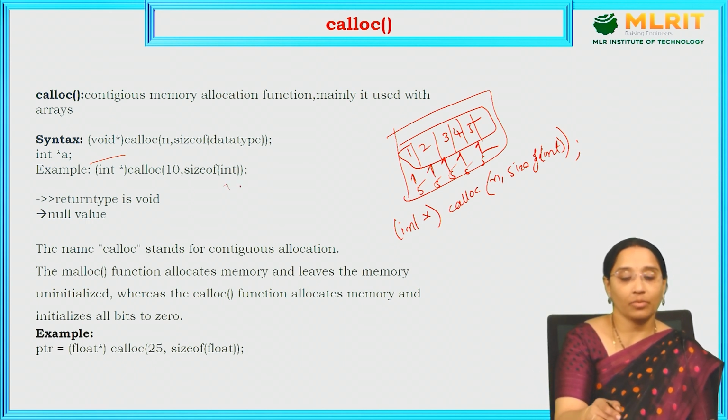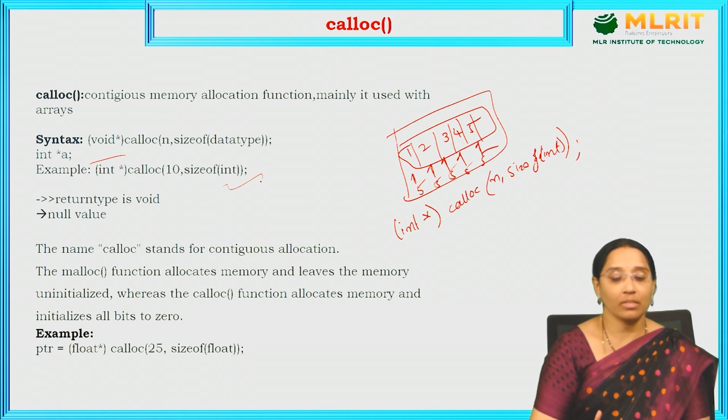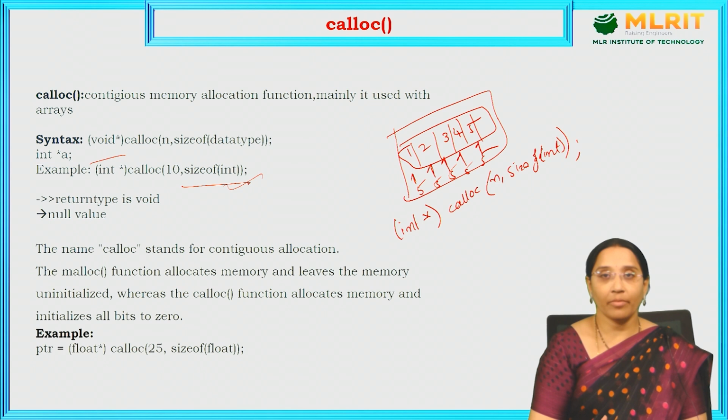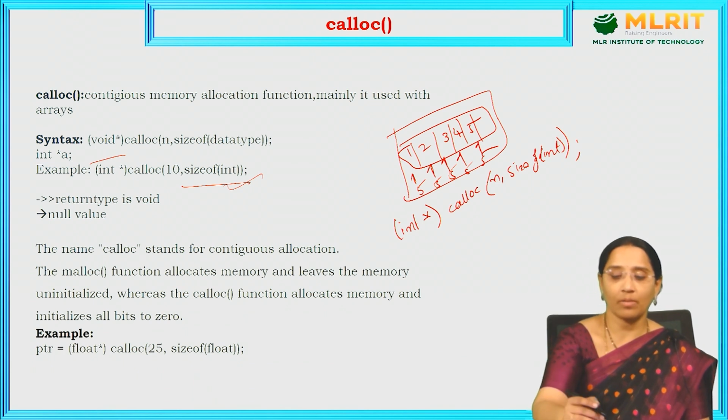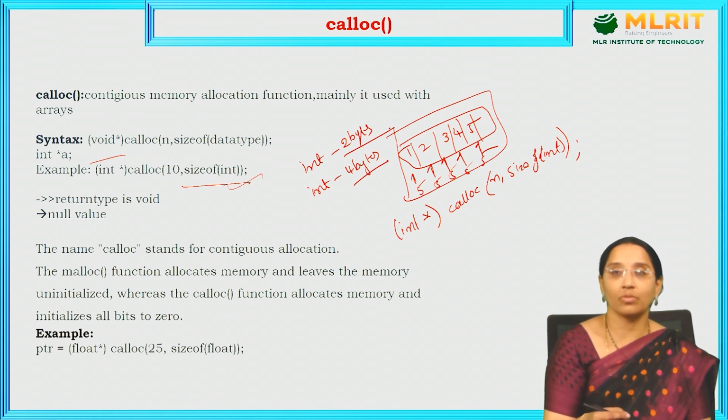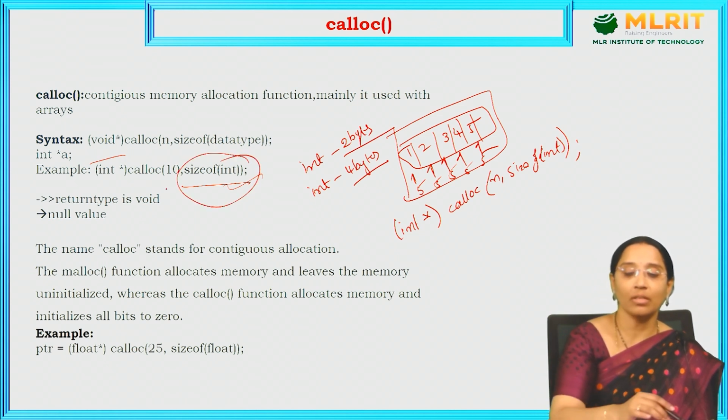This is the example: int pointer calloc of 10 comma size of int. So what is size of int? When compared across 16-bit machines or 32-bit machines, sometimes an integer will take 2 bytes and sometimes 4 bytes, depending on the machine you are using. So we leave this to the compiler itself.